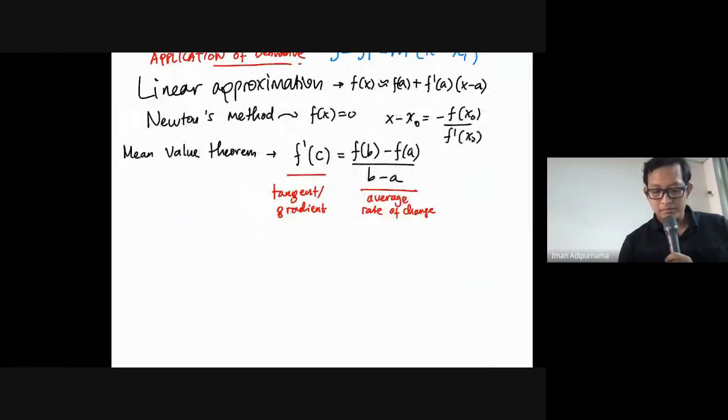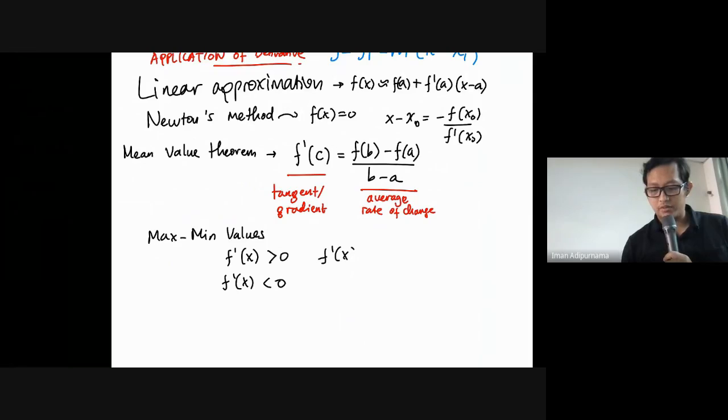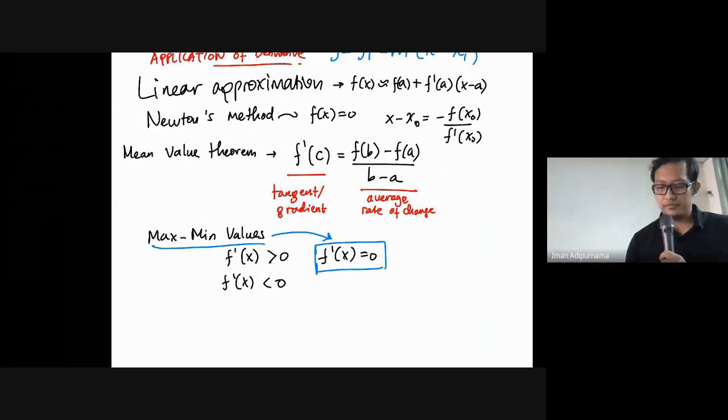And from the mean value theorem, we can go to max and min values. The implication will be f'(x) greater than 0, f'(x) less than 0, f'(x) equals 0. And max and min values will be determined by the critical point at f' equals 0. So from the f prime, you get f increasing, f decreasing.